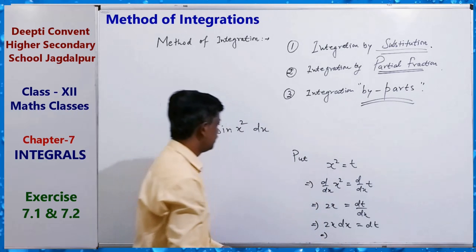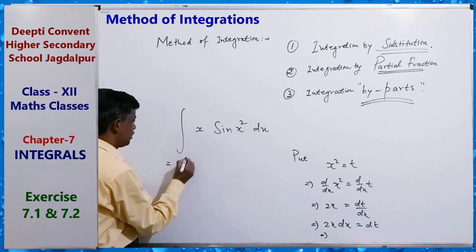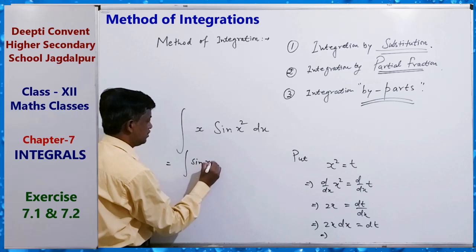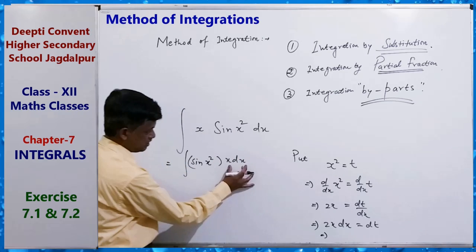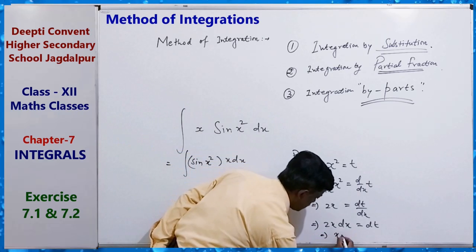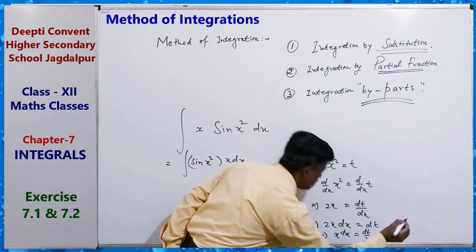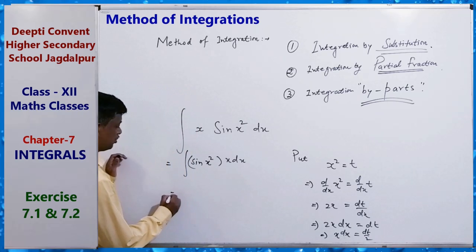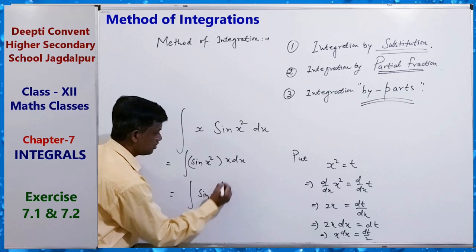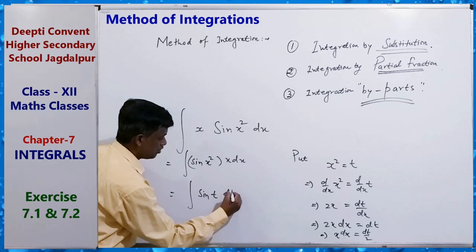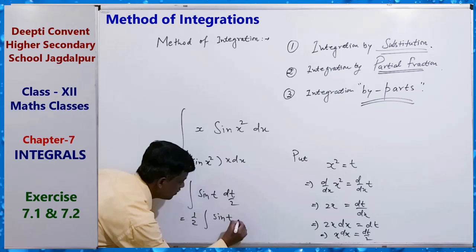From here, in sin x square into x dx, x dx equals dt by 2. Now put the value in terms of t: sin t times x dx equals dt by 2. Since 2 is a constant, we get 1 by 2 sin t dt.